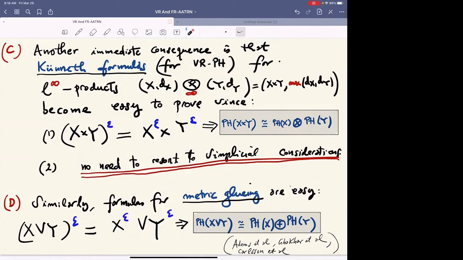I don't have the time to explain why that is the case, but there has been a lot of work in recent years into trying to prove formulas for both metric gluings and products. And I should say, we can do something more easily in the setting of L-infinity products of metric spaces. So we're using the max to combine metrics on X and Y.